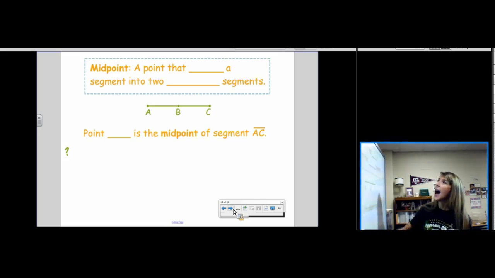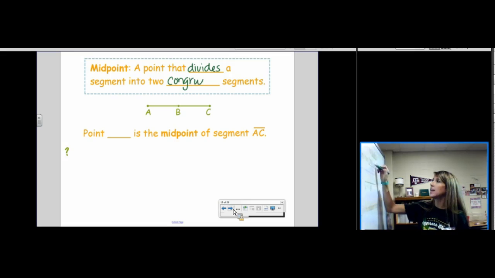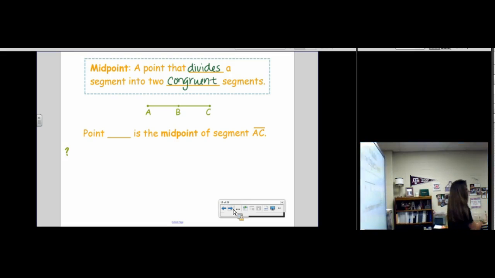Splits, divides. I had divides in my head. But if you put splits, that's the same thing. A point that divides a segment into 2, what do you think, Seth? Into 2 congruent segments. Perfect. A point that divides a segment into 2 congruent segments.